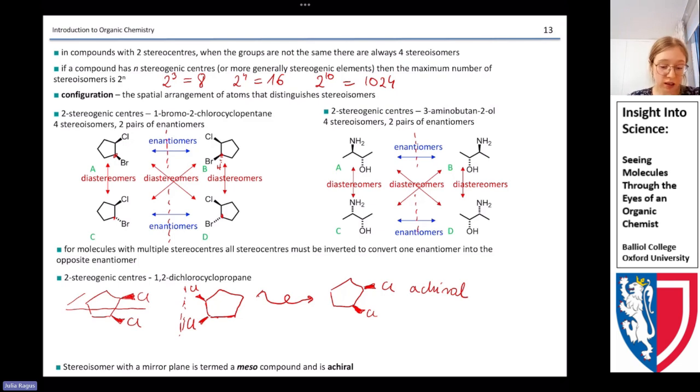However, there are still more possibilities in terms of the configuration on the stereocenters. So you can have one chlorine pointing down and one pointing up. And then let's just produce a mirror image of this one.